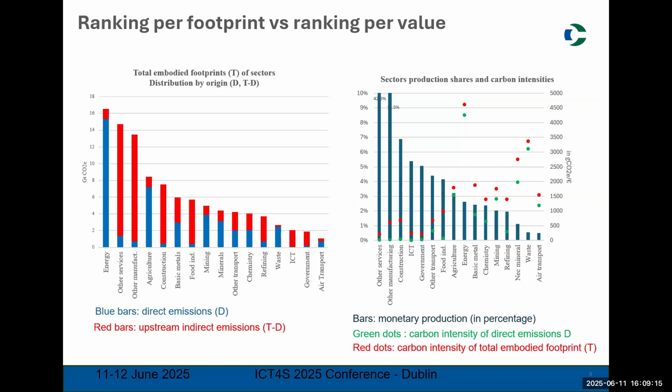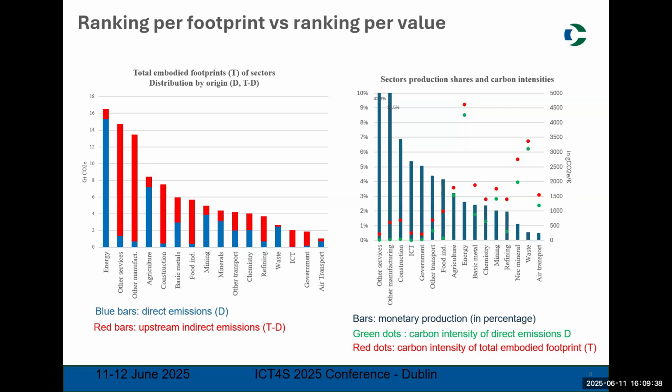First, ICT has a very different ranking in both histograms. On the left, ICT is 13th in terms of embodied footprint, so it has low carbon importance, and on the right, ICT is 4th in terms of production values, so it has high economic importance.